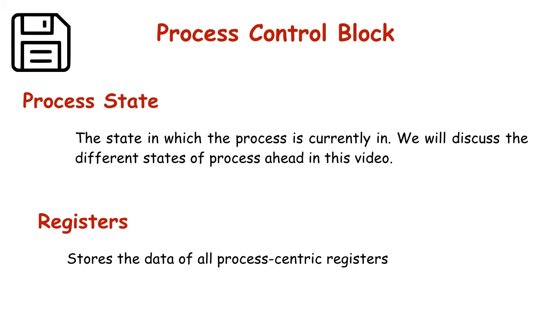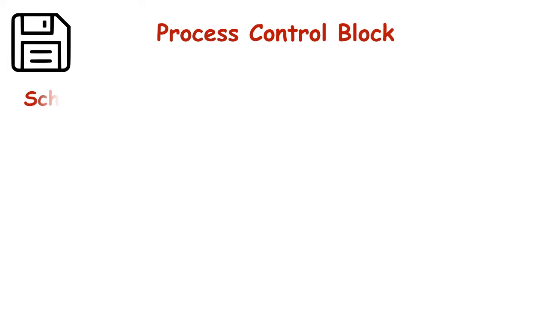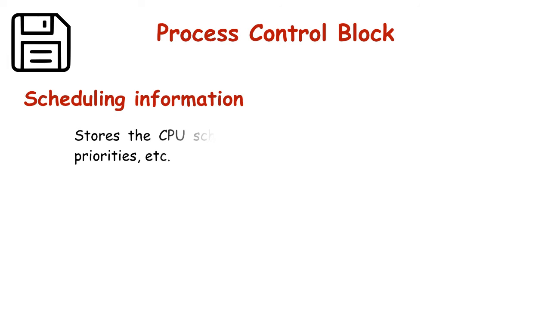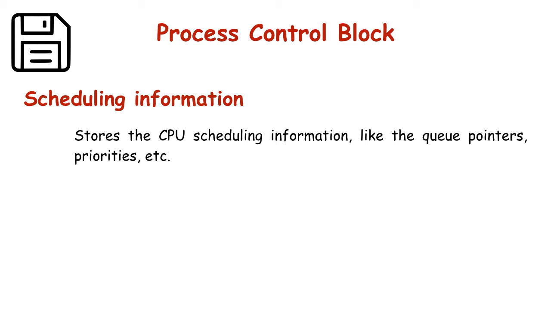Registers. This stores the data of all the process-centric registers like the general purpose registers or the index registers, base registers that are used in the process. Scheduling information. This stores the scheduling information like the queue pointers, priority, all that is required for a process to be scheduled.